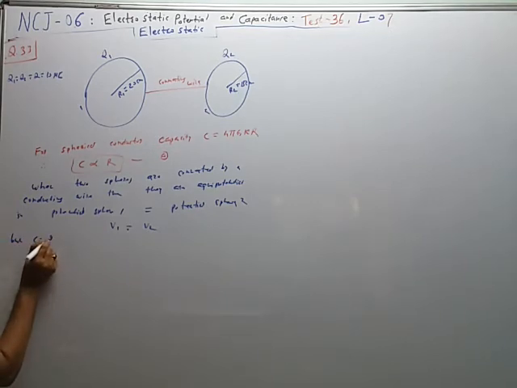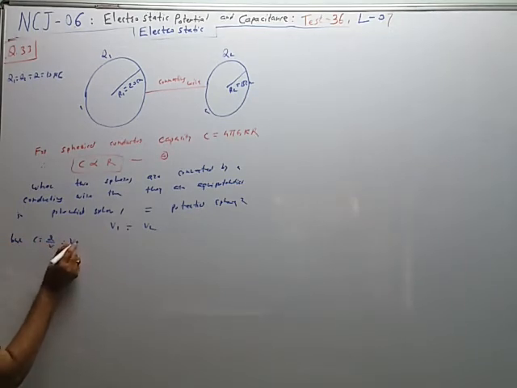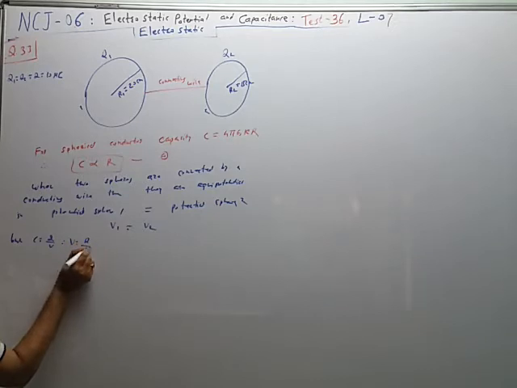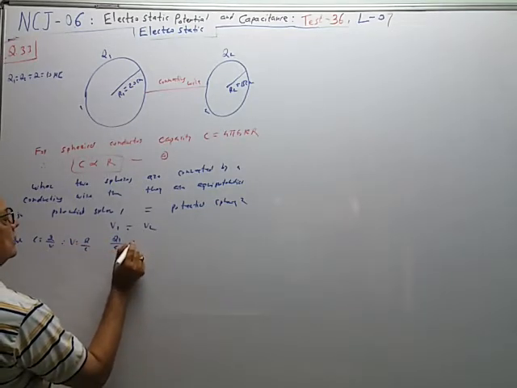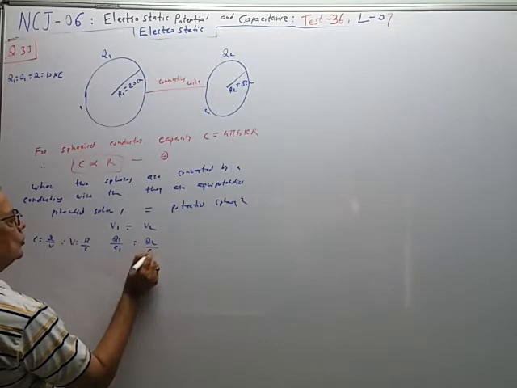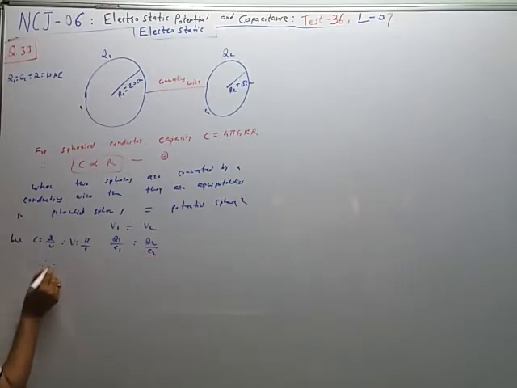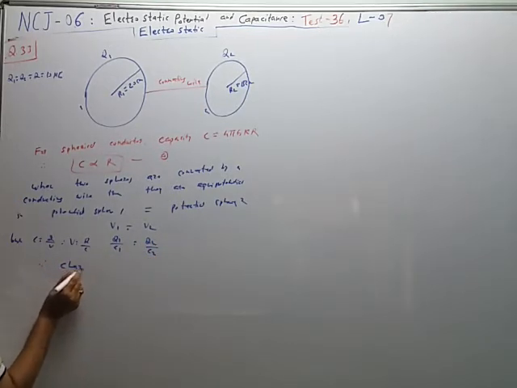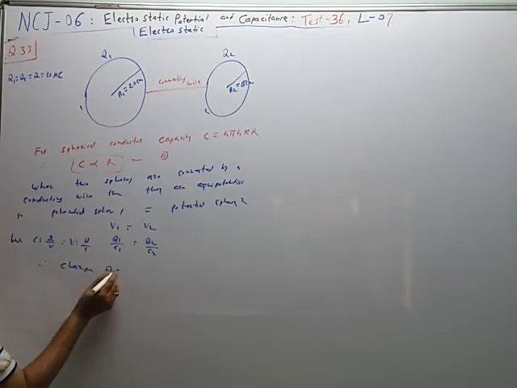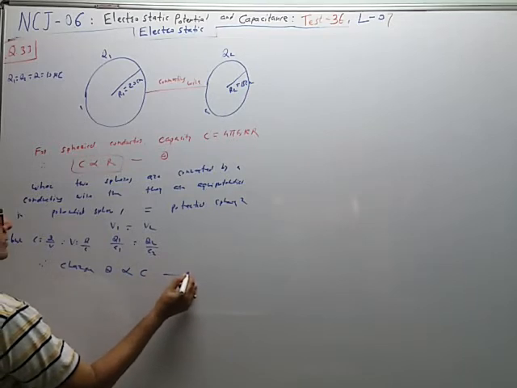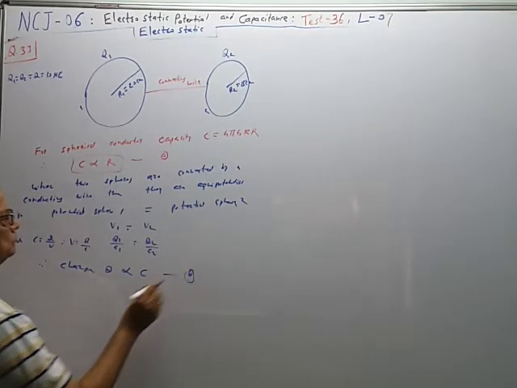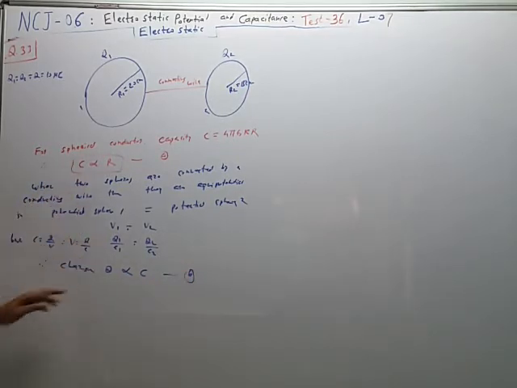But C is equal to Q by V. Therefore, V is equal to Q by C. Therefore, Q1 upon C1 is equal to Q2 upon C2. Therefore, the charge Q is directly proportional to capacity C. This is equation B.